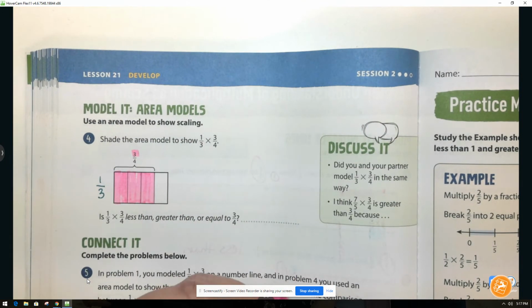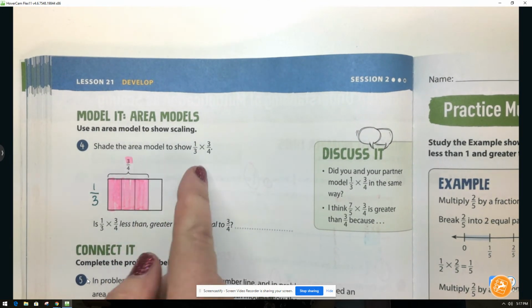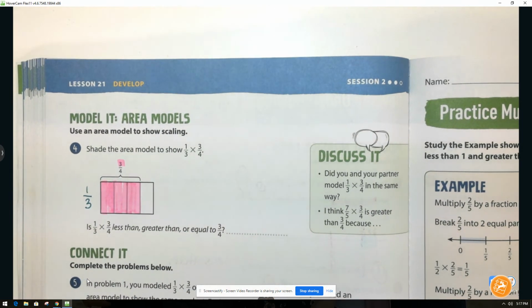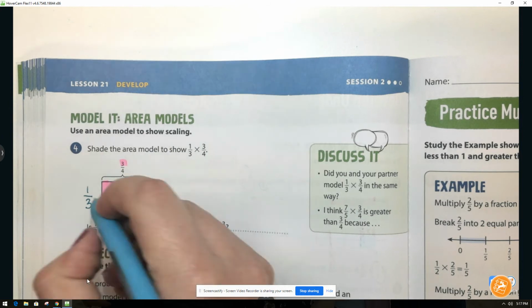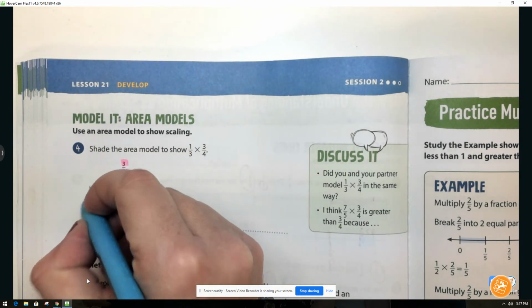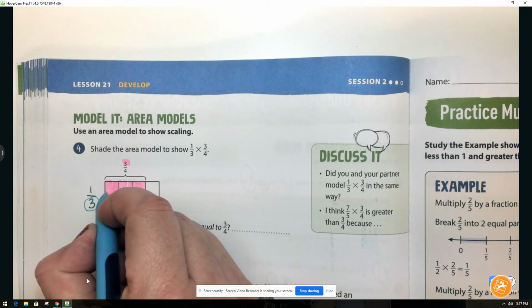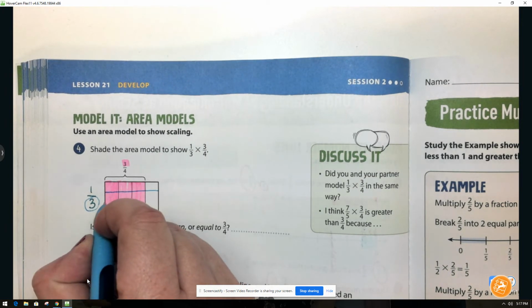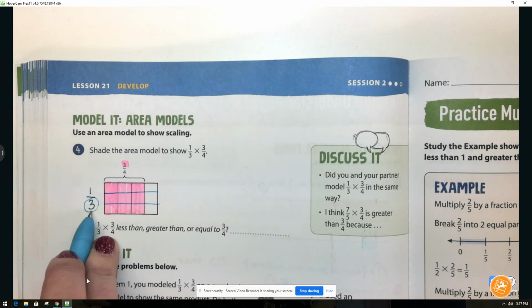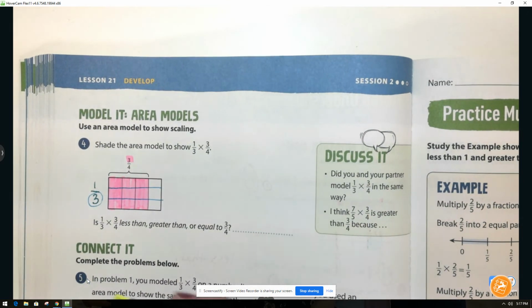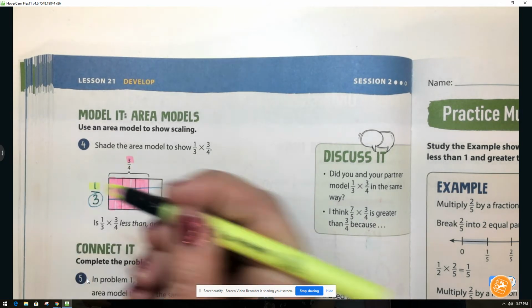Then we're going to multiply 3/4 times 1/3. First of all, we need to make our rows. The denominator tells us how many equal rows we need. So we're going to need 3 rows because the denominator is 3. And then the 1 tells us how many of those rows we're going to shade in.